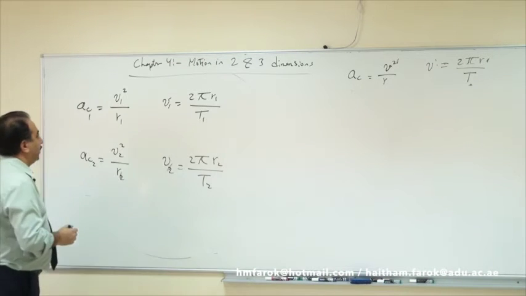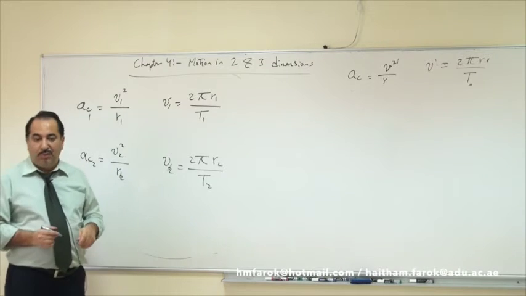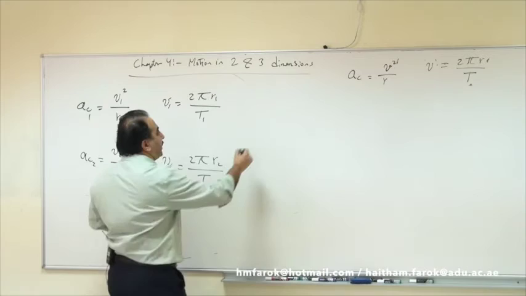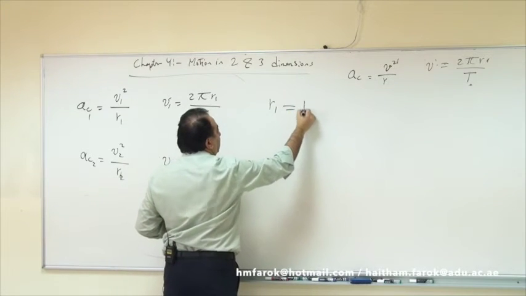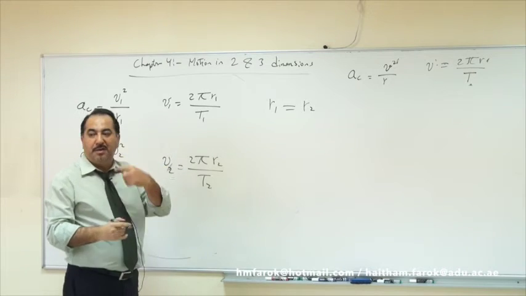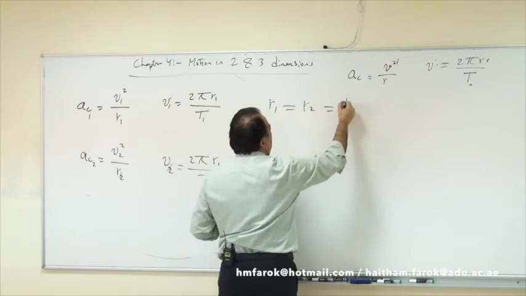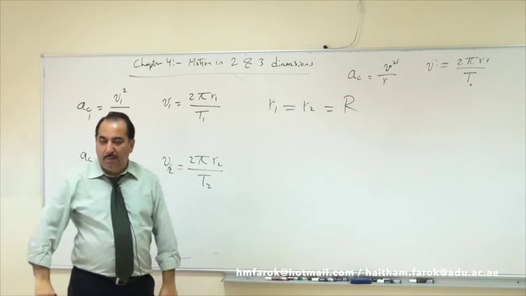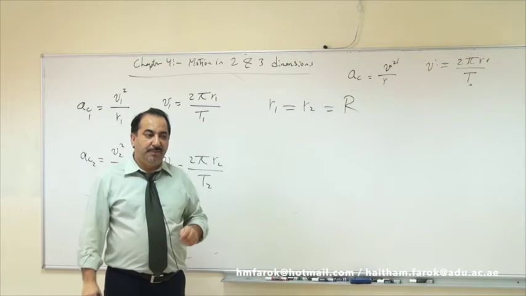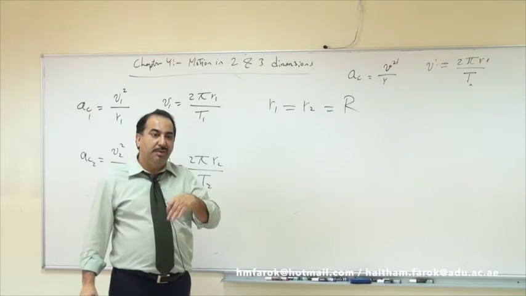Now, you read the question and see if there are things that haven't changed. What hasn't changed in the question, before and after? So here you write R1 equal to R2, which means I can replace them by R. Right, what did you change before and after? Acceleration, yeah? Of course, the period I wanted, it will change.